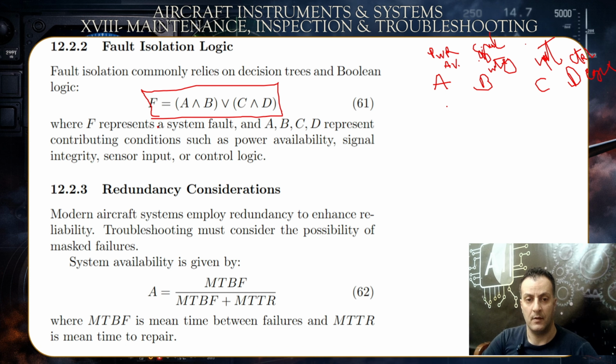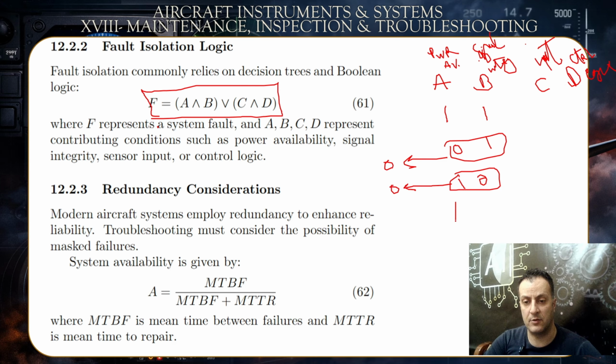A and B should be true, meaning that A should be 1 and B also should be 1. If either of them is 0, it would give 0, which is false. So if one or both of them is 0, the result would be 0.